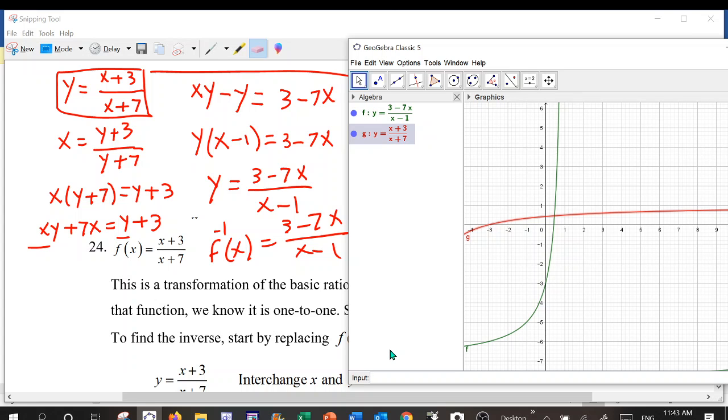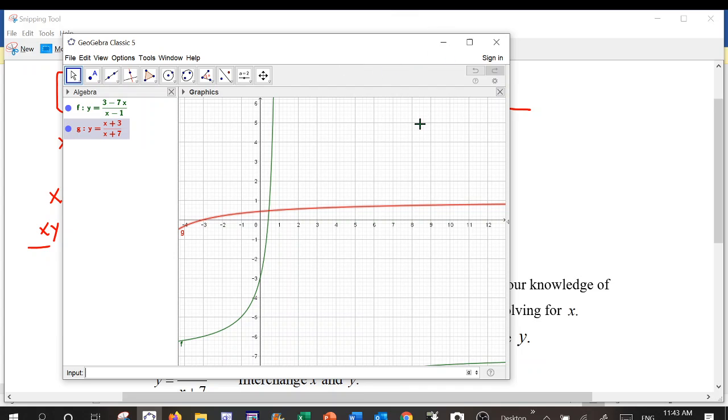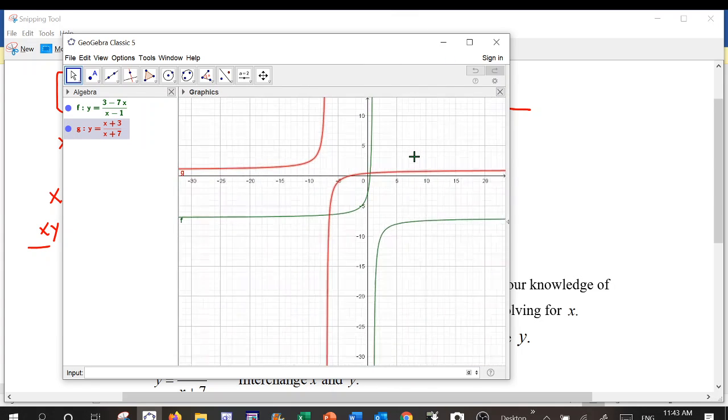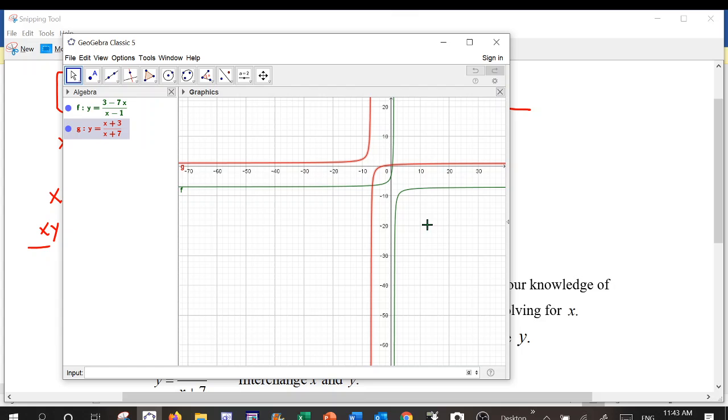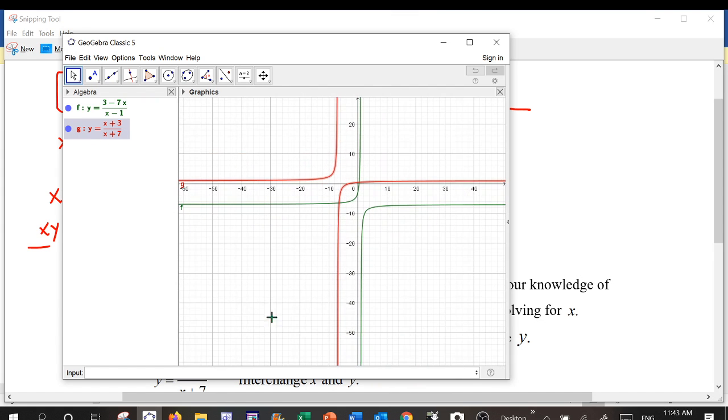Now, let me get this over here so we can get a better picture of it. Notice that if I put y equals x in the middle, the red one and the green one are inverses. The reflection of this with respect to that line is that red one.